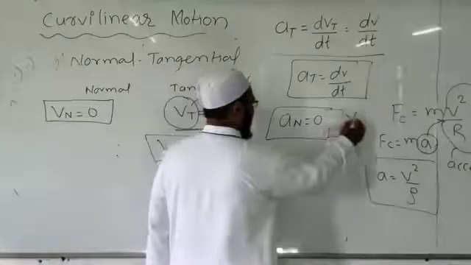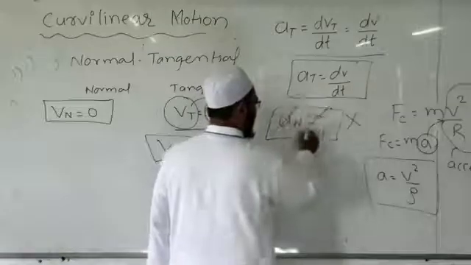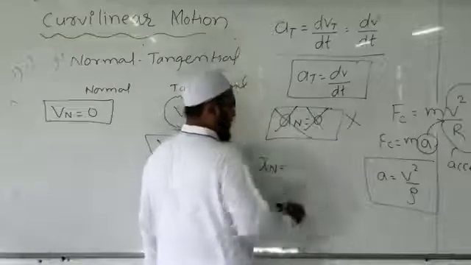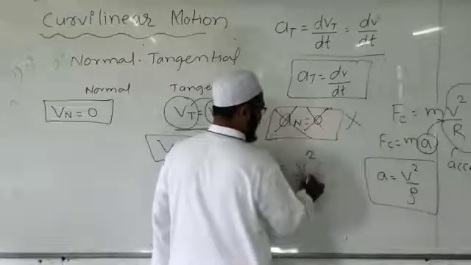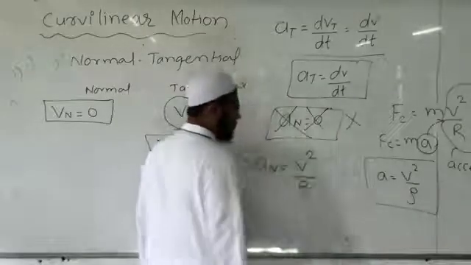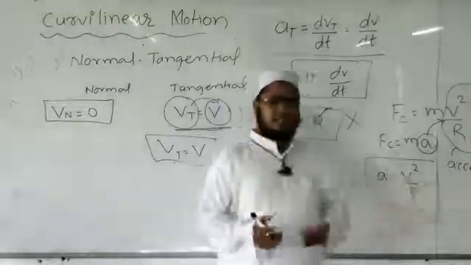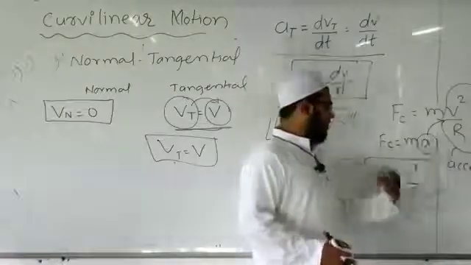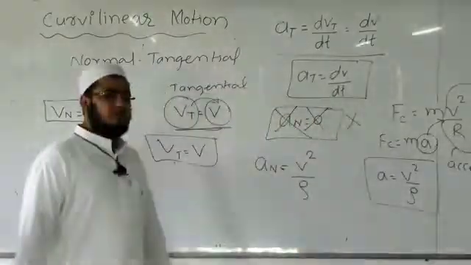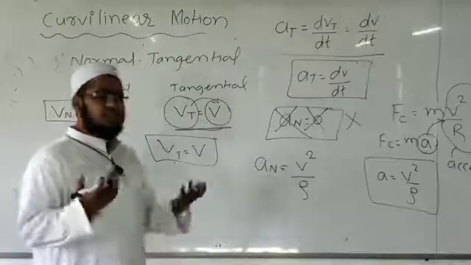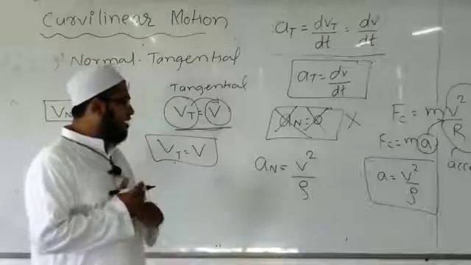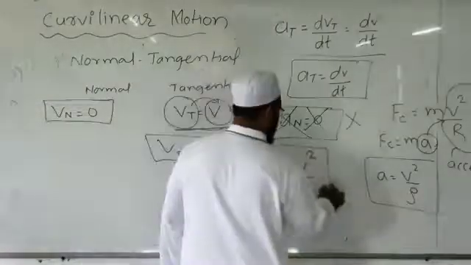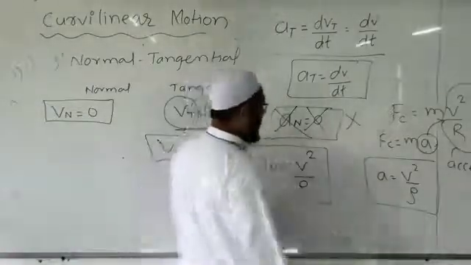That's why an equal to 0 is wrong, and we have to consider the value of centrifugal acceleration, v square by rho. Why rho? Because in many mechanics books rho is used instead of r for the radius of curvature. So to avoid confusion, I am also using rho. An equal to v square by rho is the formula for normal acceleration.